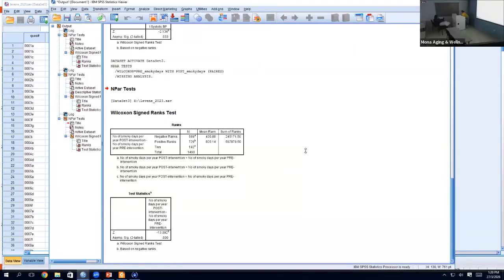And so the idea is that the greater the mean rank, the greater the magnitude of the differences that you would have been experiencing. And here it is saying that the magnitude of the positive ranks is greater than that of the negative ranks, meaning we had more smoky days after the intervention. That's the idea.